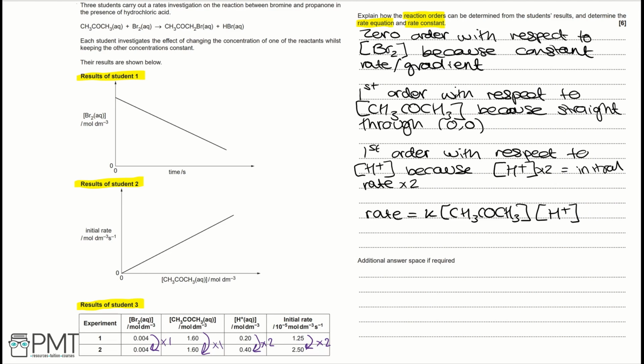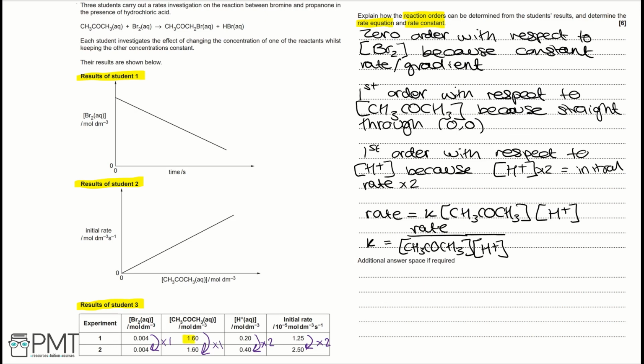But then we want to work out the rate constant, k. If we rearrange this, we would have k equals rate divided by the concentration of CH3COCH3 multiplied by the concentration of H+. To find an actual number, we can use the data from experiment 1.